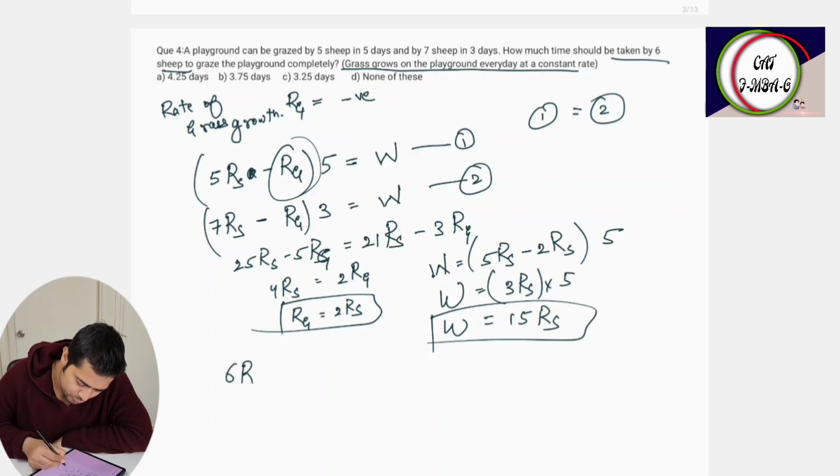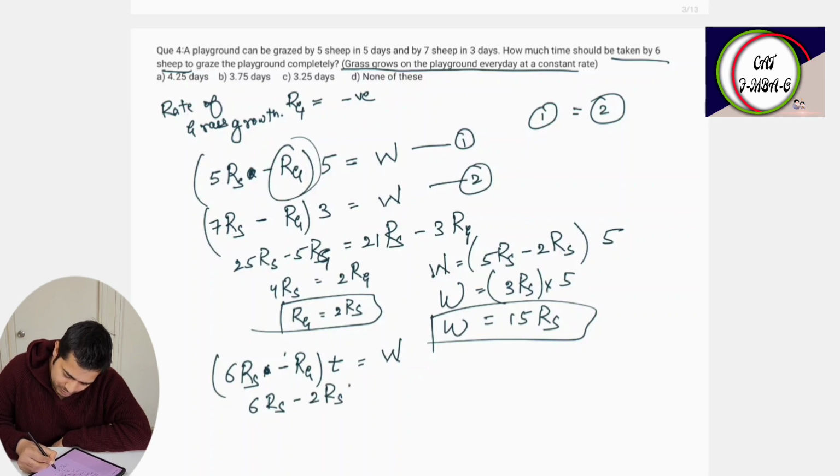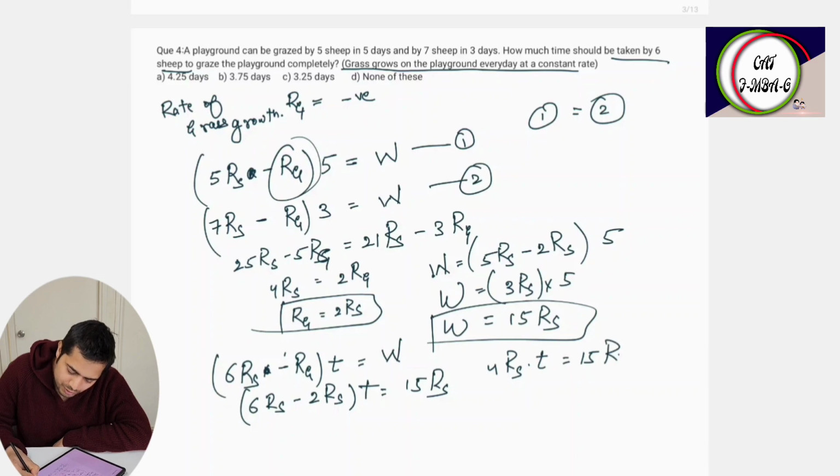So 6 into RS minus RG into time is equal to total work. So 6 into RS minus what is RG? 2 RS into time is equal to total work, 15 RS. So 4 RS into time is equal to 15 RS. RS gets cancelled. T is equal to 15 by 4.